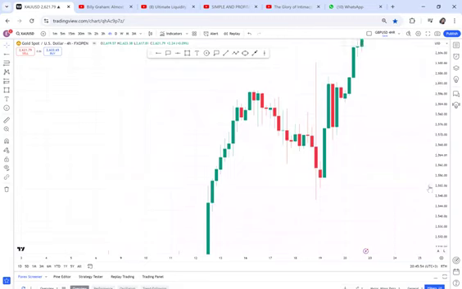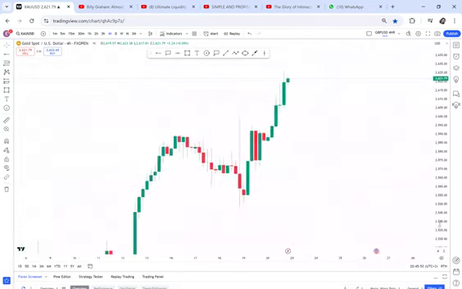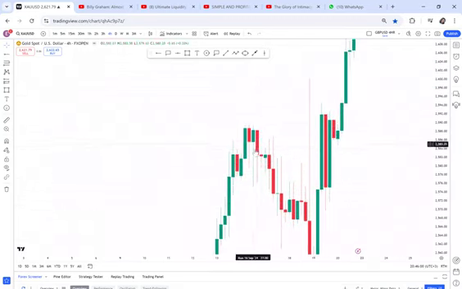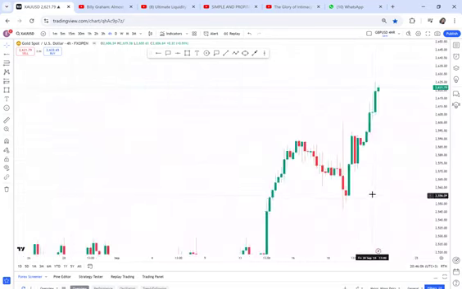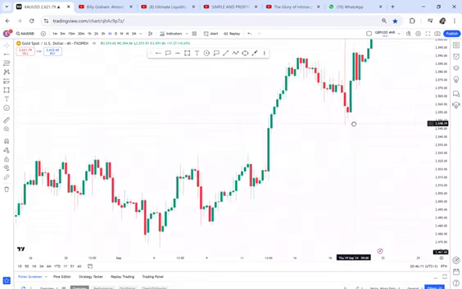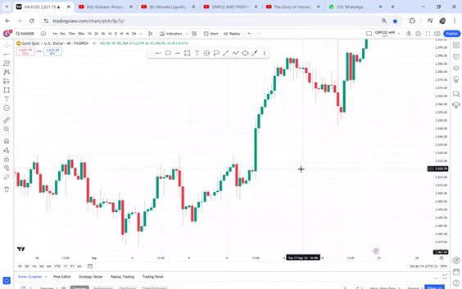I have said, don't pick a hammer like this. A hammer does not happen on top. A hammer happens below, at the support area.